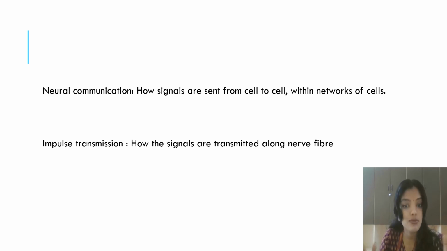Whatever the stimuli are, from the physical environment, which can be the external environment, like a sensory stimulus, or something from the internal environment of the person, whatever it is, it should be transformed into an electrical impulse so that it can be transmitted along the nervous system.